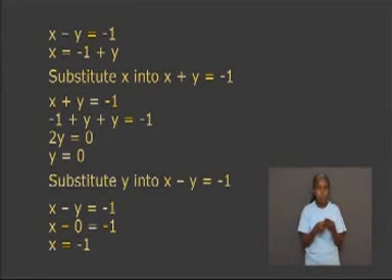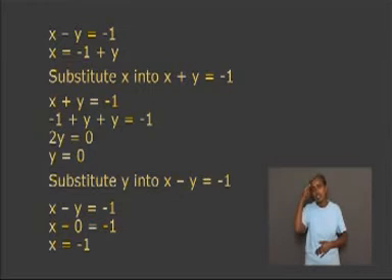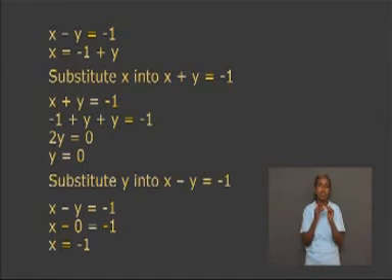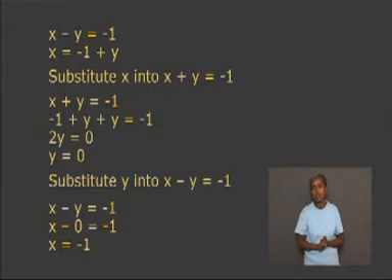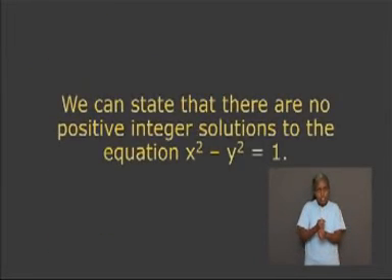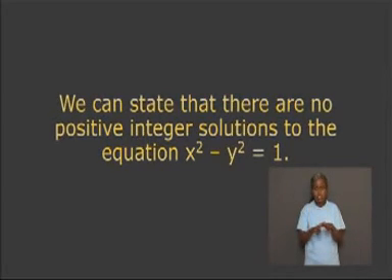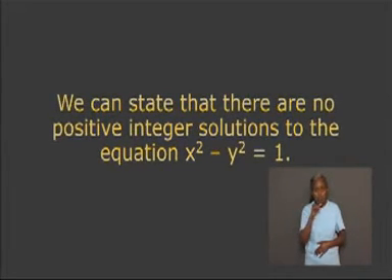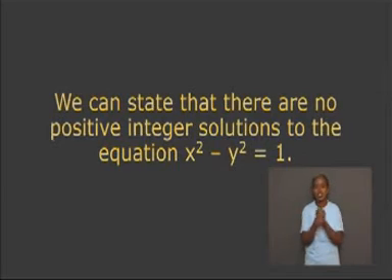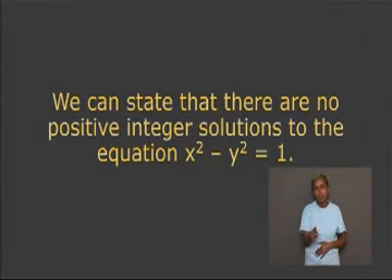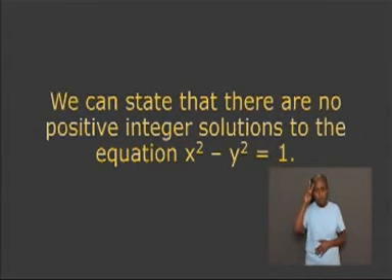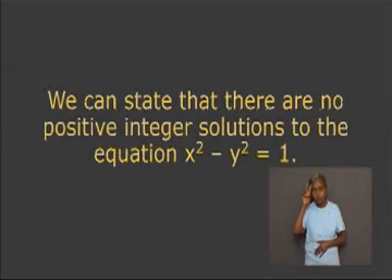Therefore, the second case gives us x equals negative 1 and y equals 0, which also contradicts our assumption. In conclusion, we can state that there are no positive integer solutions to the equation x squared minus y squared equals 1.